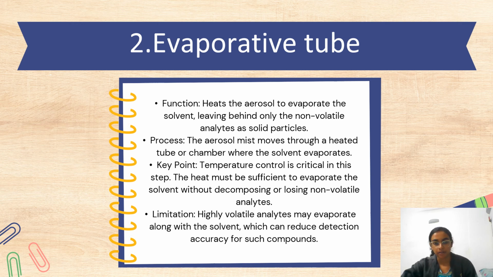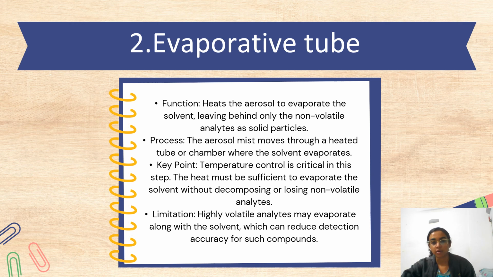Second part, the evaporative tube. Its function is to heat the aerosol to evaporate the solvent, leaving behind only non-volatile analytes as solid particles. In this process, the aerosol mist moves through a heated tube chamber where the solvent evaporates.